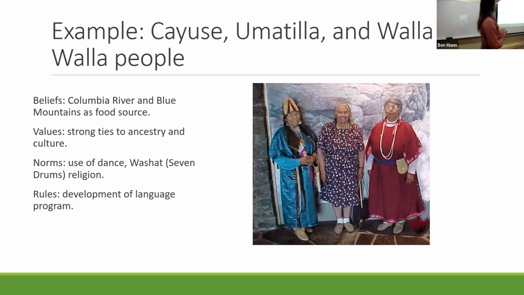Beliefs: the Columbia River and the Blue Mountains, the surrounding area, are seen as incredibly important sources of food, sources of meaning. They help us to understand our relationship to nature. Values: the strong ties to ancestry and culture are practices shared by many of these indigenous groups as well. Norms, right? Unwritten rules, the usage of dance, the usage of religious beliefs or practices.